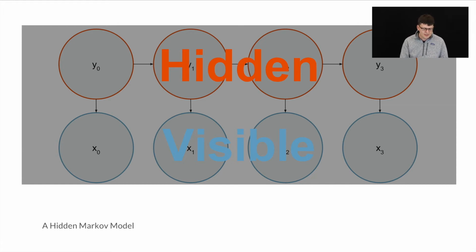Now, of course, you wonder, how does this have anything to do with figuring out parts of speech in sentences? The short answer is that the part of speech is the hidden piece. We can't observe the part of speech, it's not visible on the piece of paper. What is visible, though, are the words. So you can imagine this machine that goes from part of speech to part of speech, each time emitting some word.